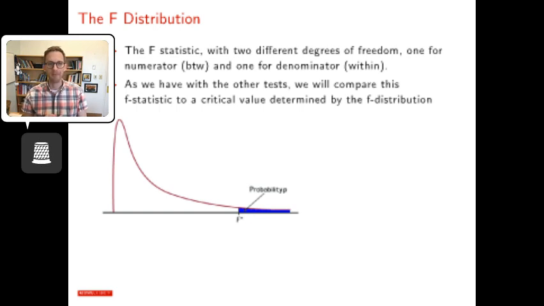As with other tests, we'll compare our F statistic to the critical value, and this is determined by an F distribution. So we've been talking up to this point about Z distributions. We had T distributions that approximated normal distributions, especially as the sample size went up. But in this case, an F distribution is a positive distribution, and we're looking to see where our F value lies with respect to this critical value that we set.